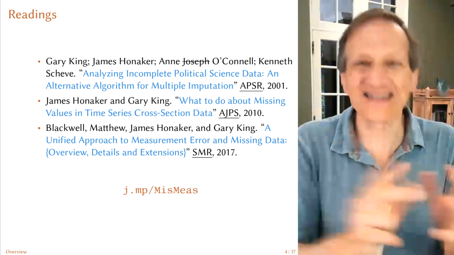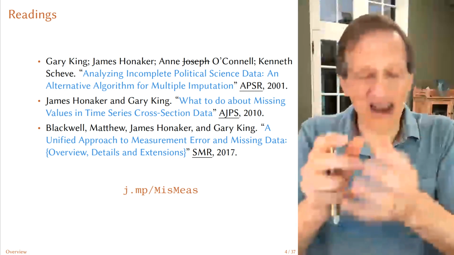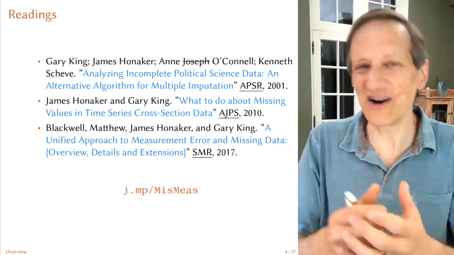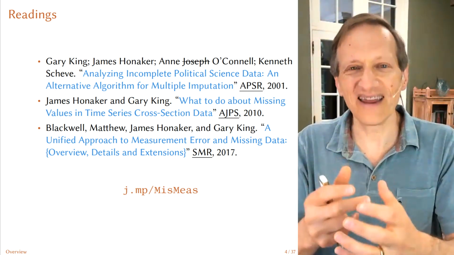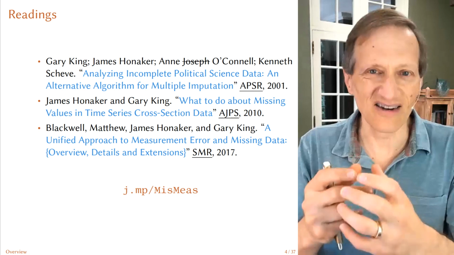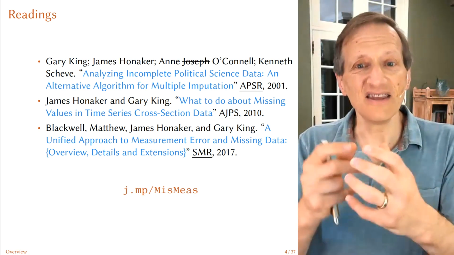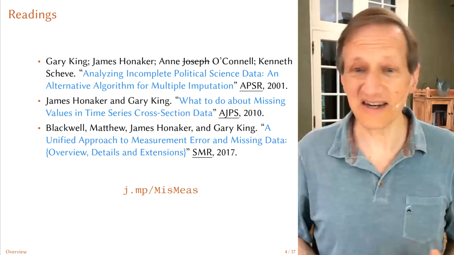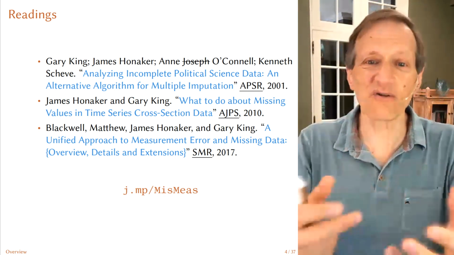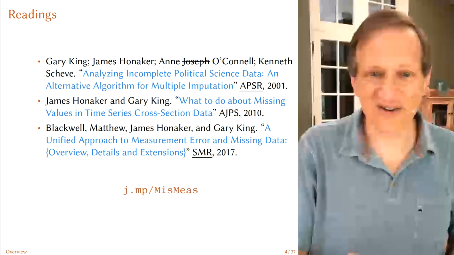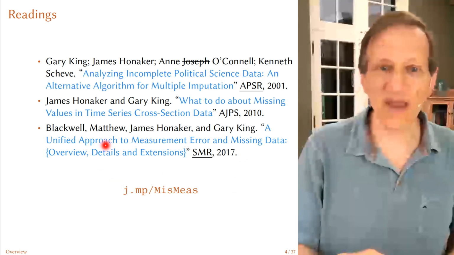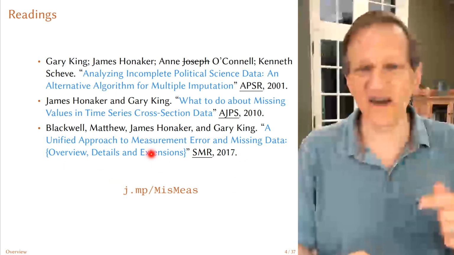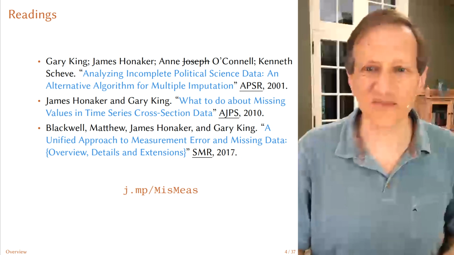But in fact, there are things in the middle, where we have an observation, but we know it's got error in it, right? And so Matt and James and I worked on extending these multiple imputation methods, and we came up with a method called multiple over-imputation. This is actually two separate papers that appear one after the other in Sociological Methods and Research.